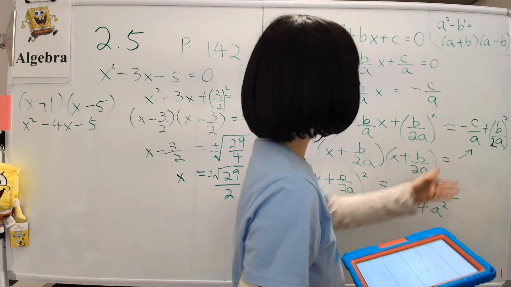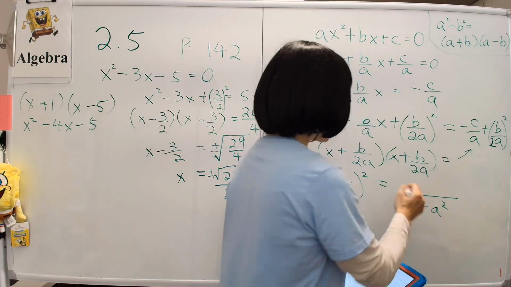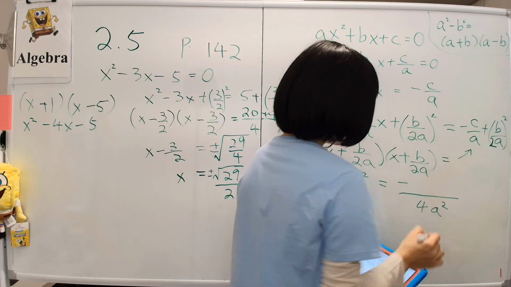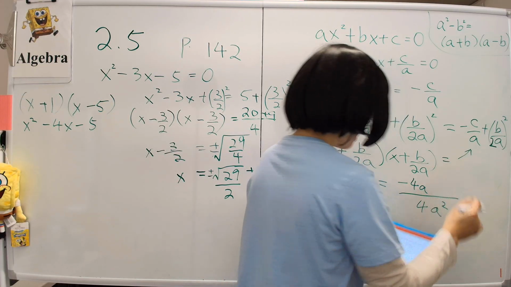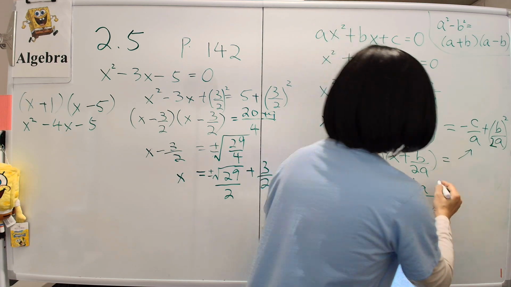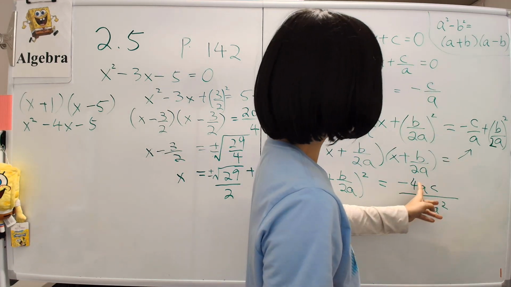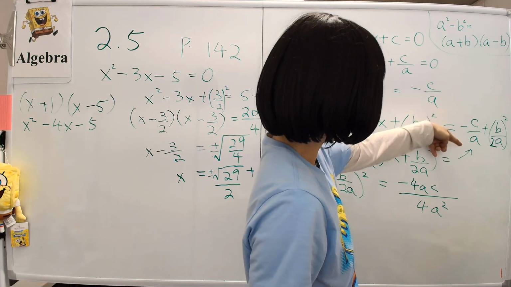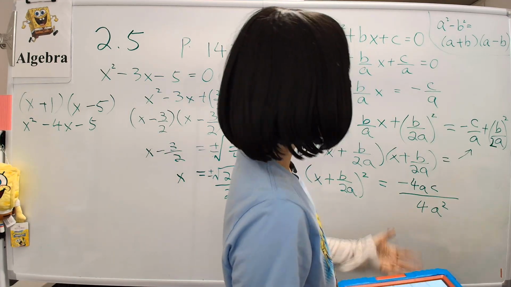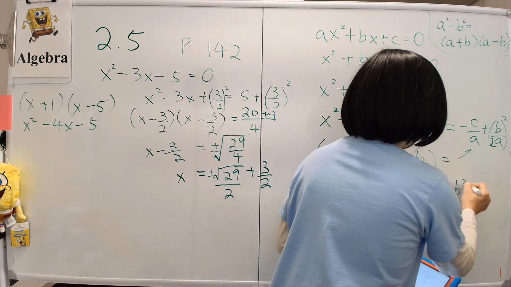So if we have 4a squared down here, then the minus c over a will become minus 4ac. To become that, we have to multiply by 4a, right? Because when you cancel the 4a out, you just have the c over a with a negative sign, right? Okay, so it's pretty good. And then plus b squared. So far so good.